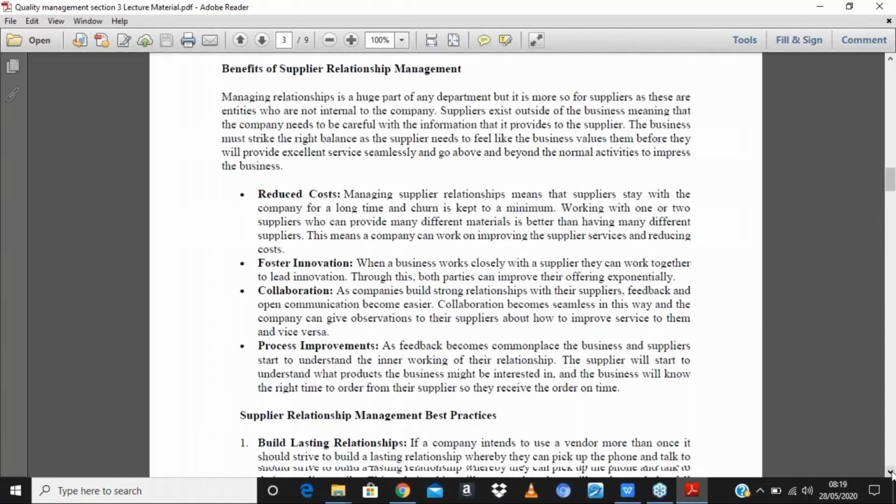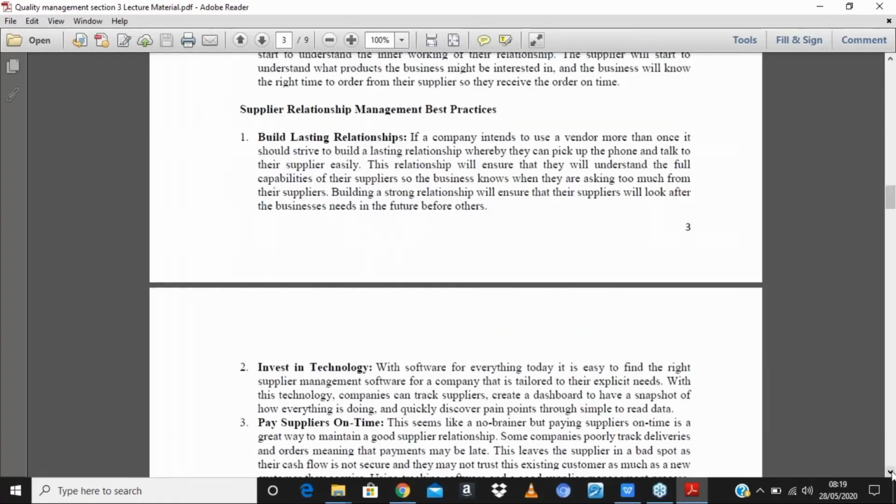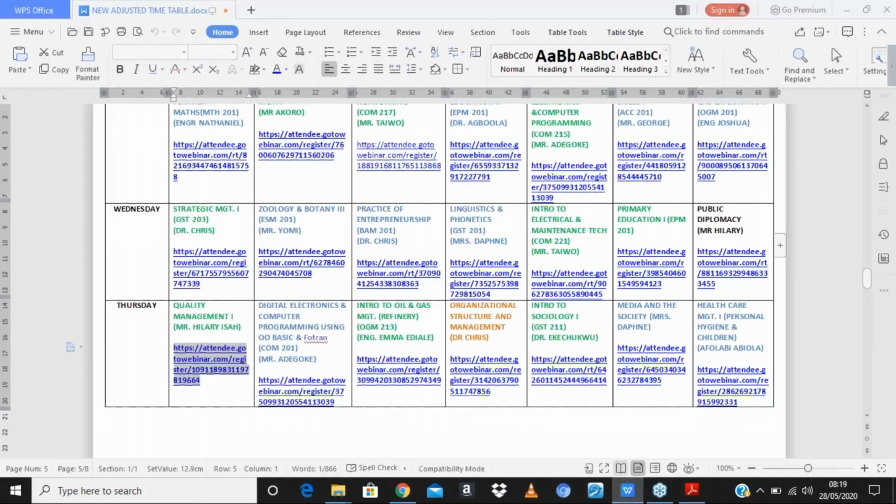Okay, so supplier relationship management best practices. You're able to build lasting relationships as you work together.